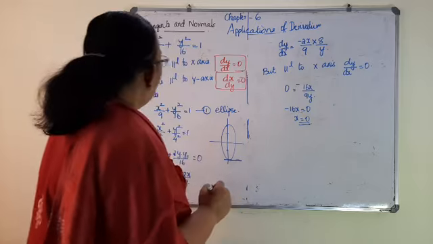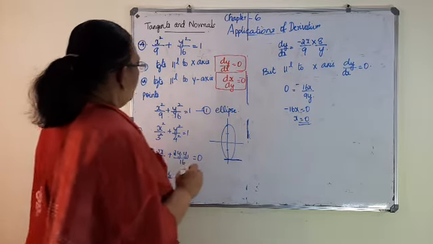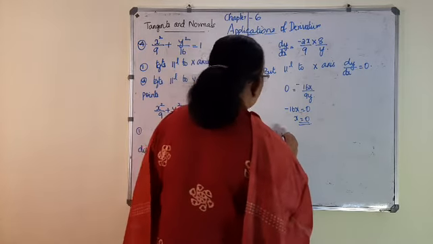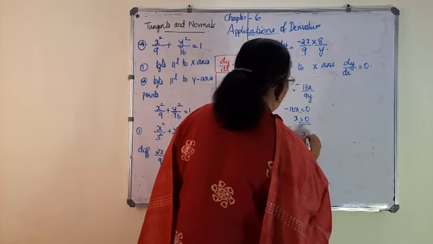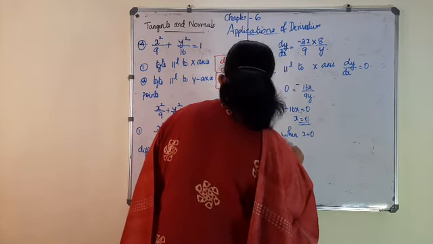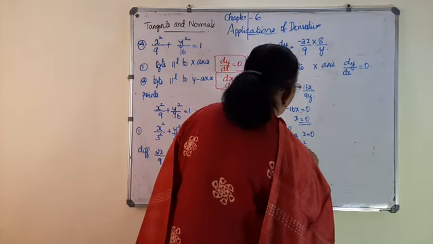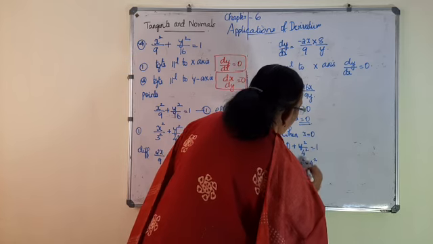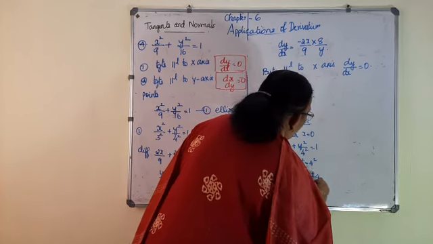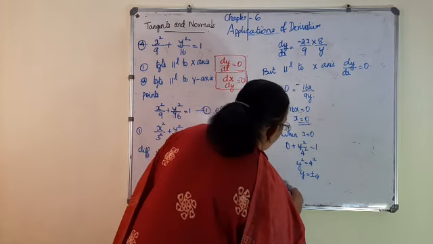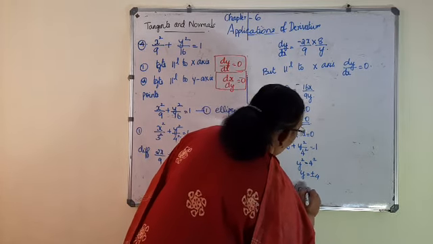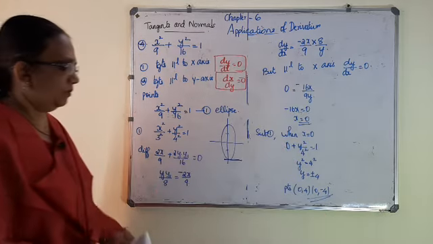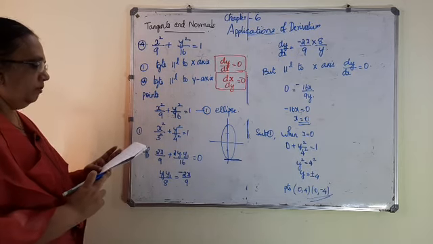You are asked to find out the point, isn't it? Substituting in 1, when x is equal to 0, 0 plus y squared by 4 squared is equal to 1. Y squared is equal to 4 squared. Y is equal to plus or minus 4. So, points are 0, 4 and 0, minus 4.